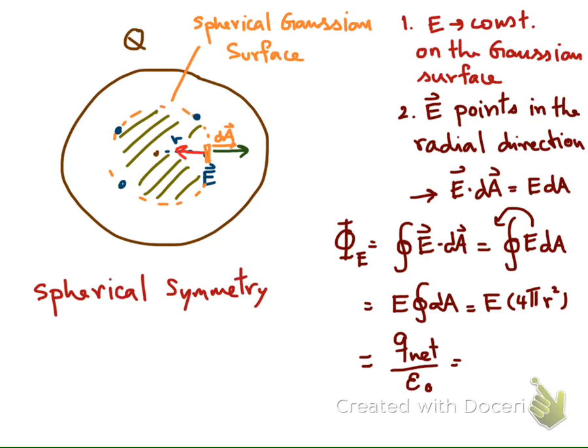So we have to calculate Q net, but that is not hard, because the charge is uniformly distributed in the sphere, so we can calculate the charge density.